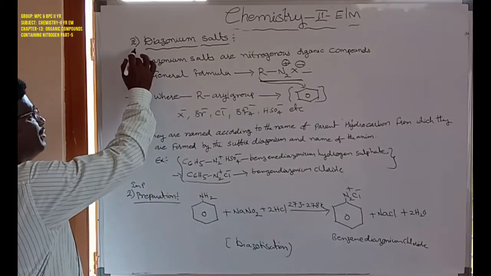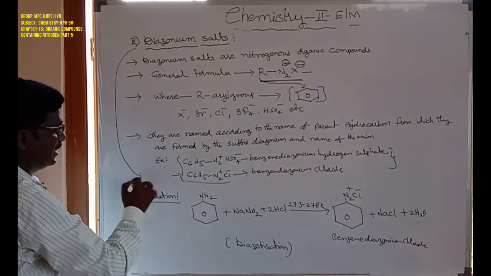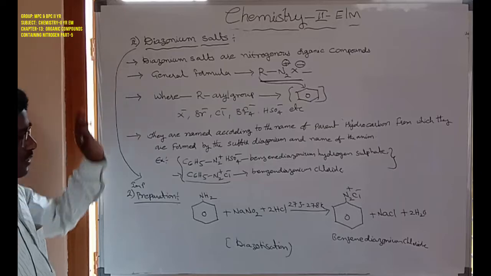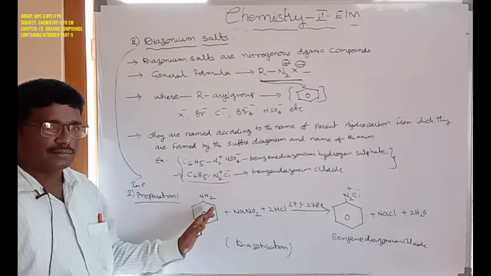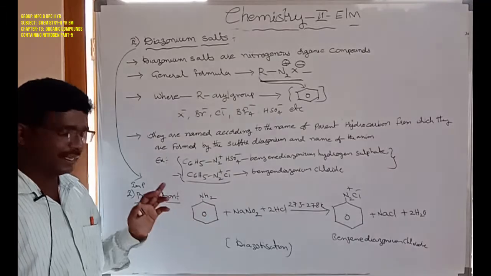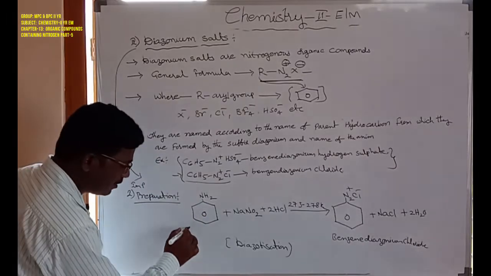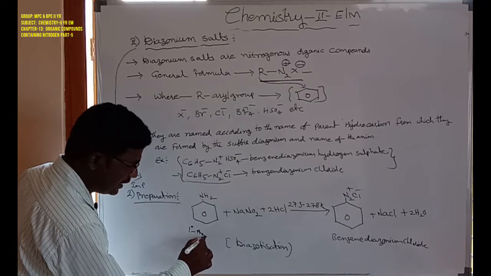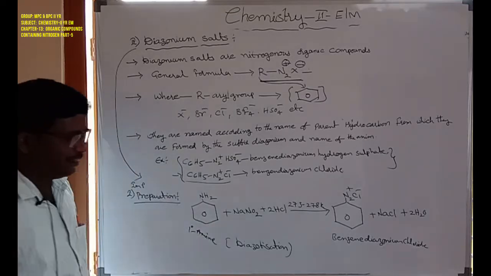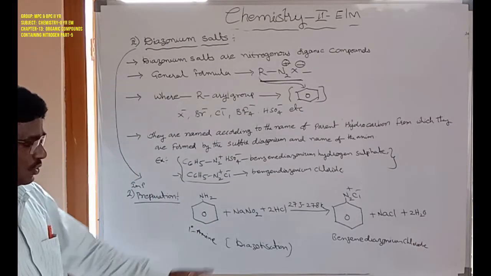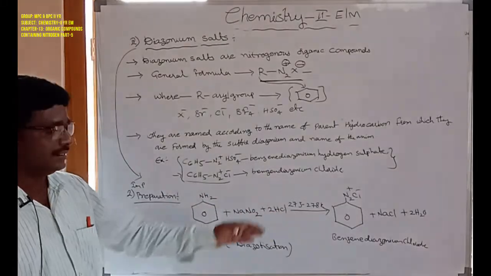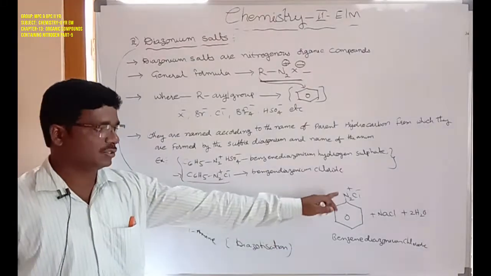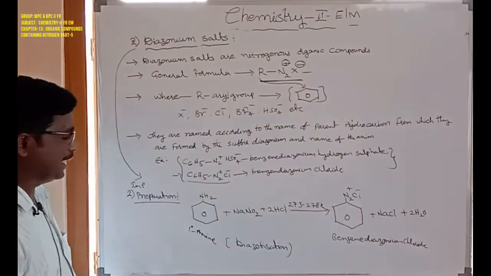Now the preparation of diazonium salt. Aromatic primary amines or aniline are treated with nitrous acid, that is, a mixture of sodium nitrite and hydrochloric acid, at a low temperature, and then benzene diazonium chloride is formed.